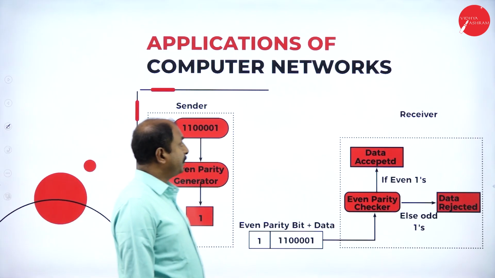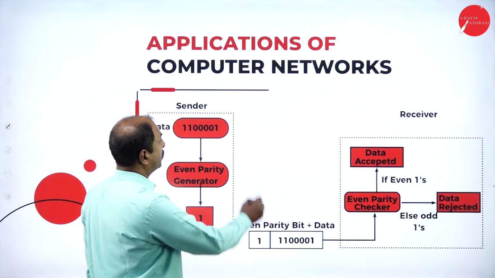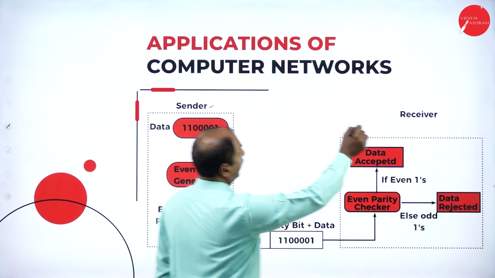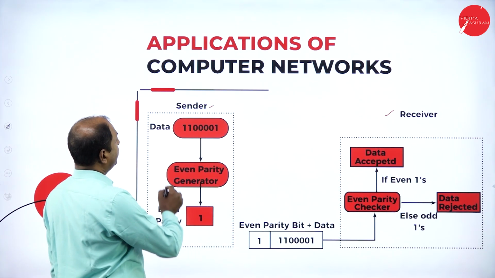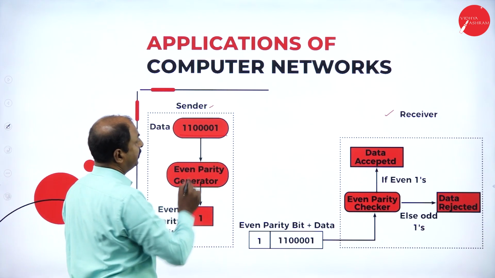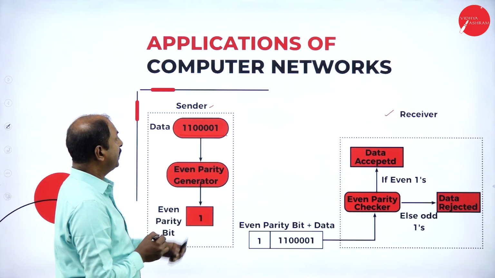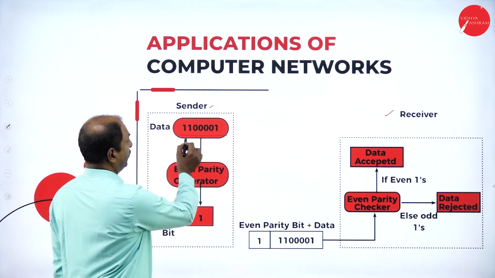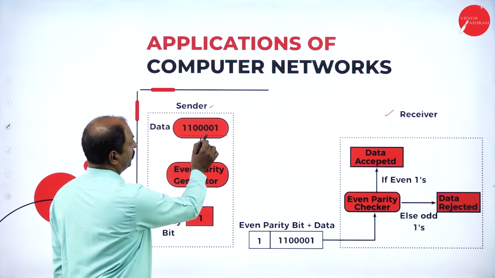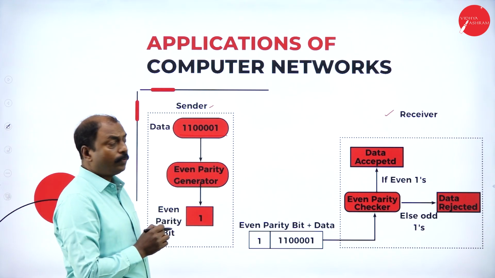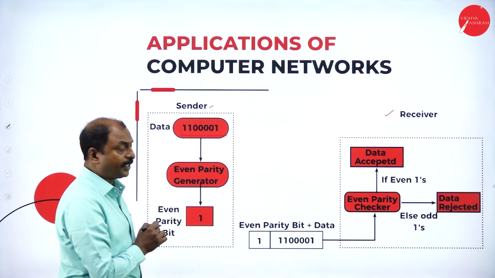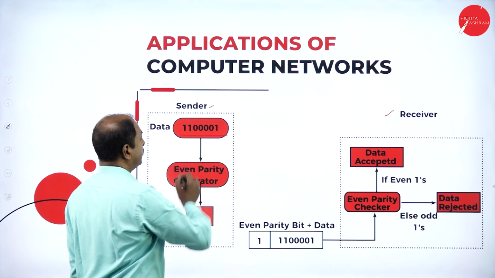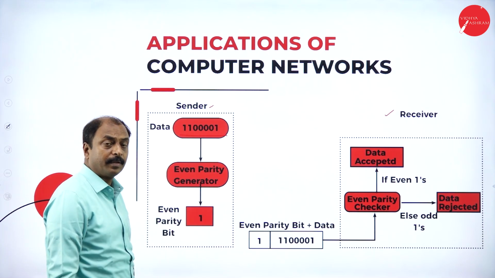Now look at the diagram here. There are two systems, one is the sender and the other is the receiver end. The sender sends the data. This is the data sent by the sender, and you can make out the data is 1 1, 4 zeros and 1. In the given data at the sender end, there are 3 ones, that is an odd number.